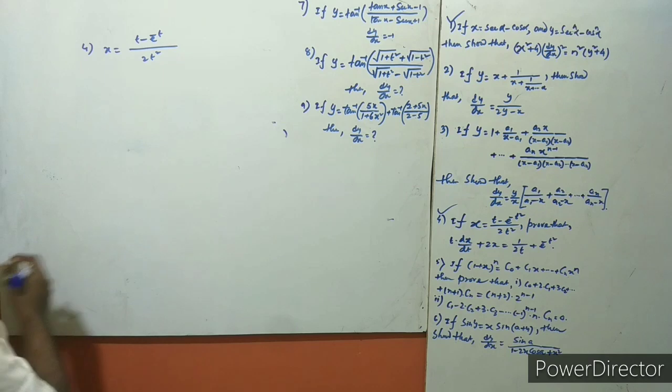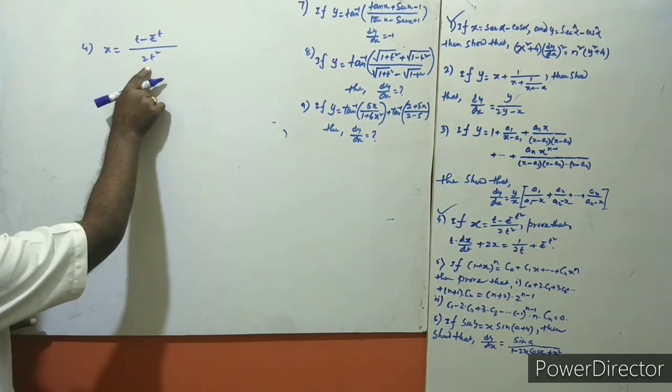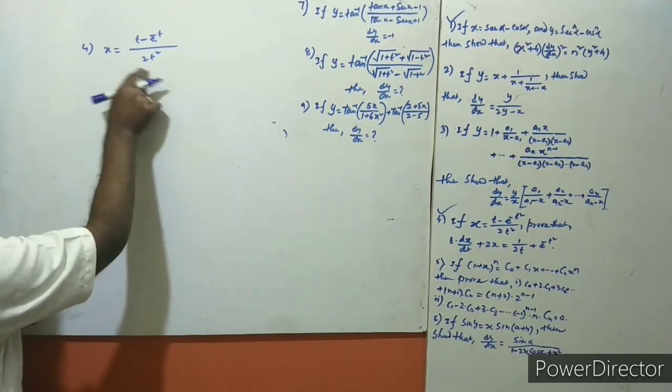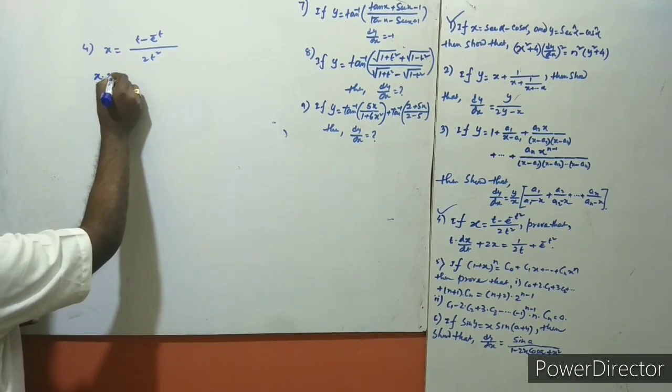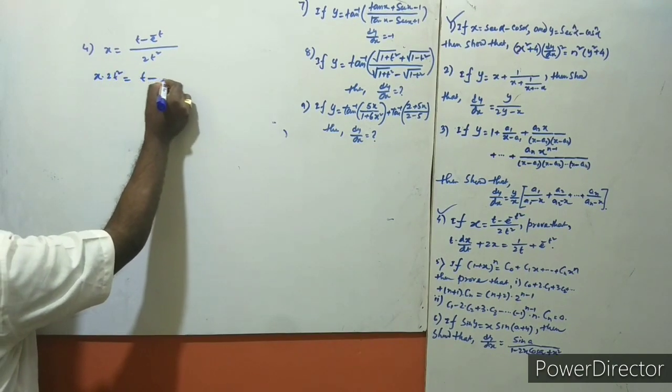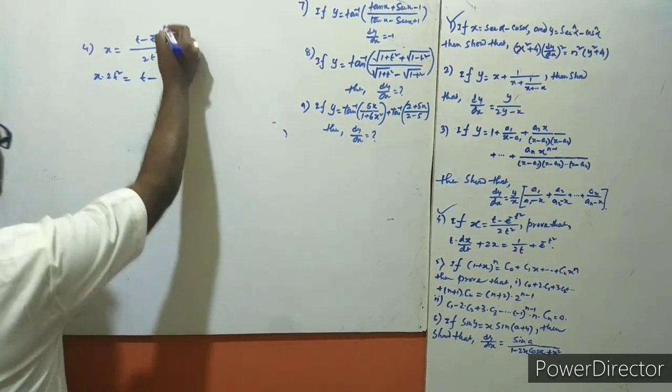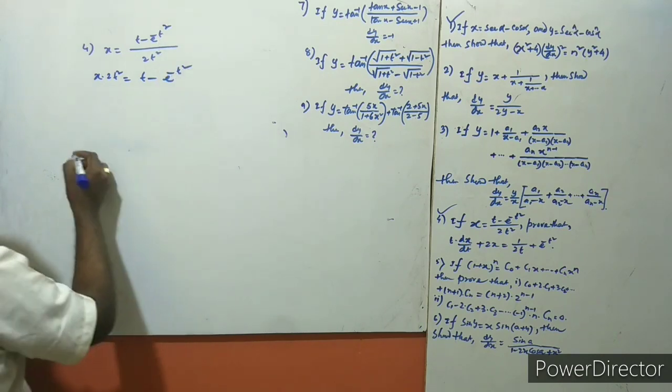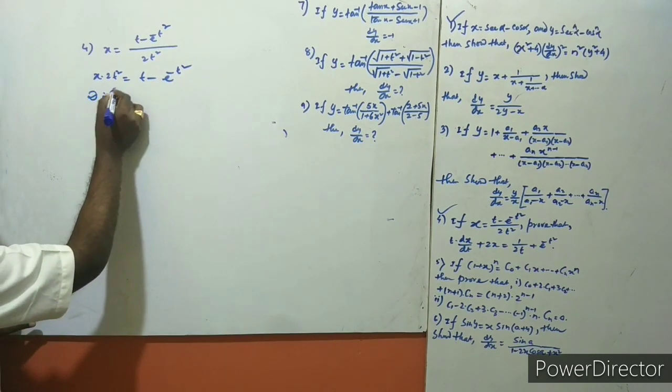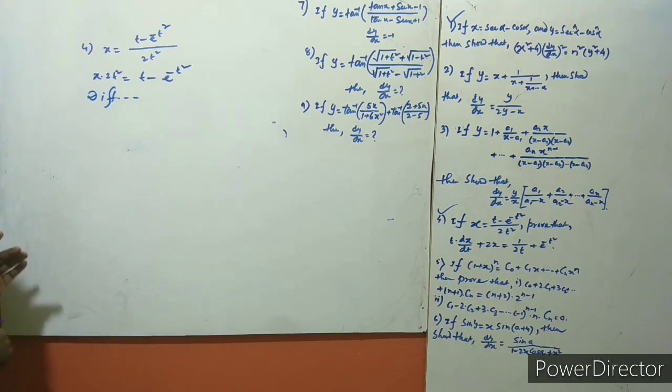So see the technique here. We proceed with another method, multiply by that, x into 2t square. Now t minus it is what? Here it is t square. Okay, this is t square, and then directly the expression will come out.